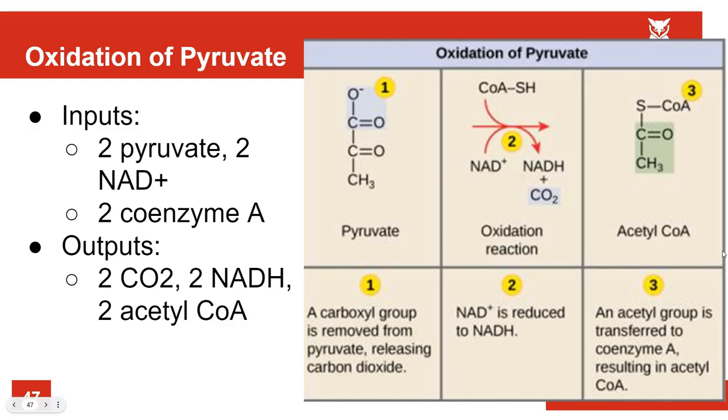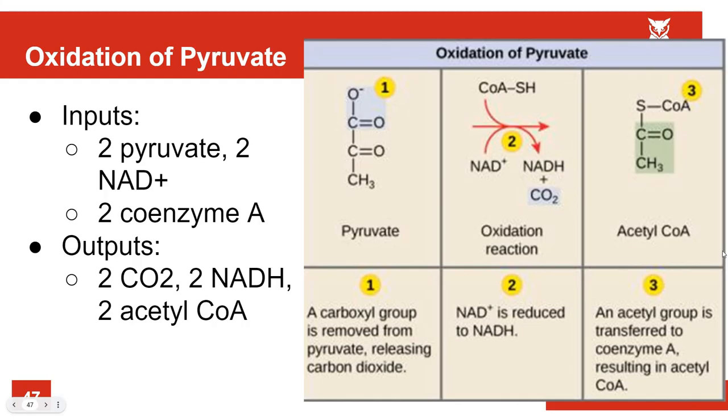Make sense? So, oxidation of pyruvate. Oxidation is loss of electrons. So we take pyruvate, we lose CO2, bye-bye, and we transfer electrons from pyruvate to NAD plus to make NADH. This gains electrons, this loses electrons.